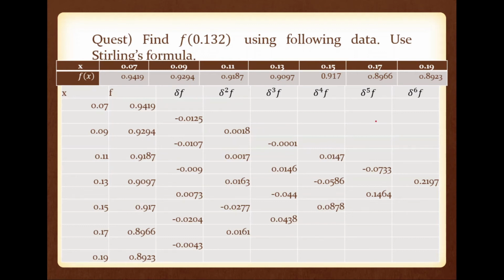Using this we find the fifth order: minus 0.0586 minus 0.0147 is minus 0.0733, and 0.0878 minus minus 0.0586 is 0.1464. So this is the fifth order central difference. Now the sixth order central difference is 0.1464 minus minus 0.0733, which is 0.2197.